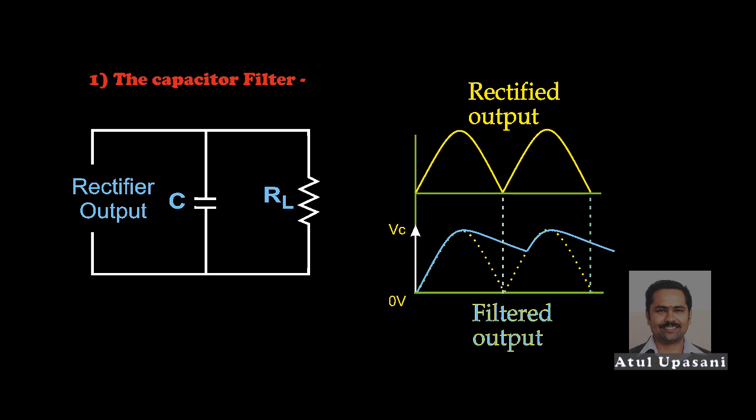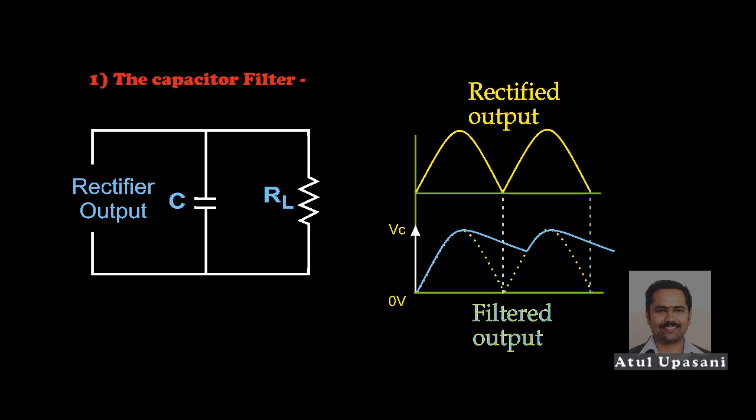But the capacitor used here has higher capacitance. That means in our case, we have taken a 1000 microfarad capacitor. So here the discharging period of the capacitor is much higher. The discharging time constant is much greater than the time period of the output signal.